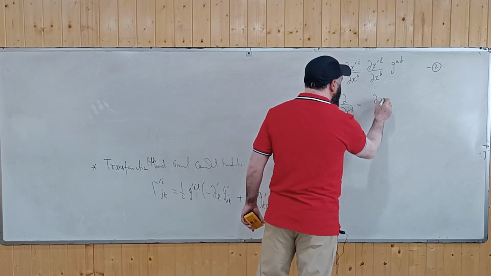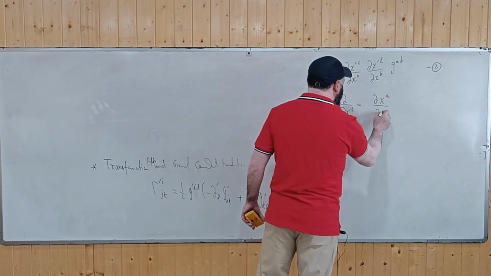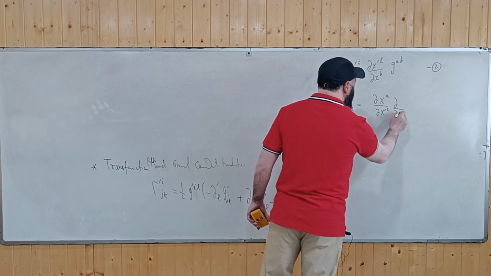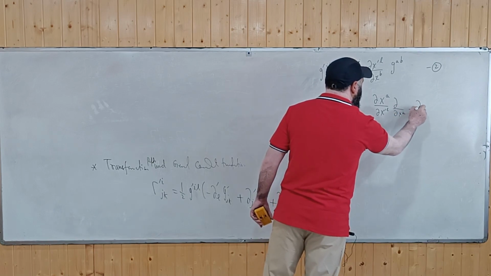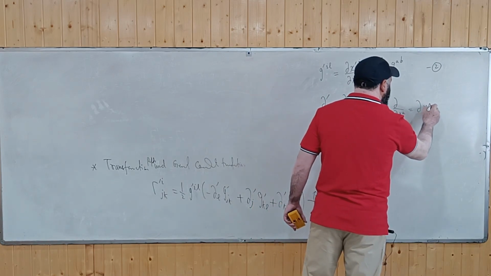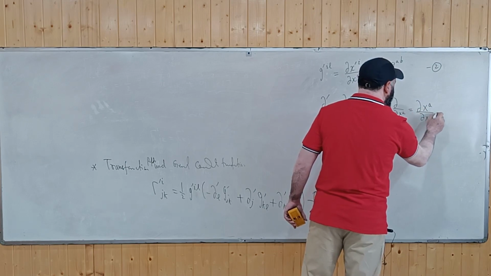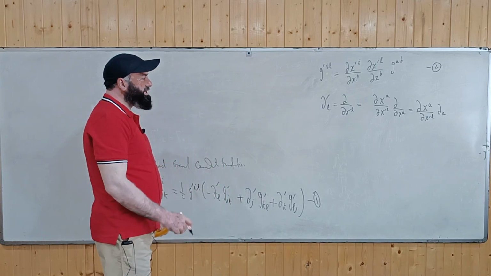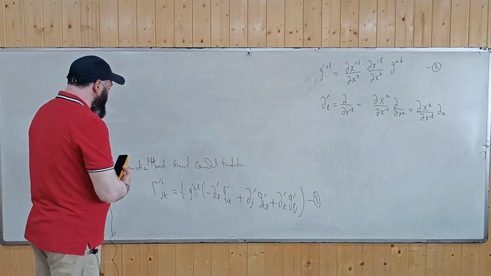It goes as ∂x^A by ∂x′L times ∂ by ∂x^A. So remember these things. We can use different indices as well.